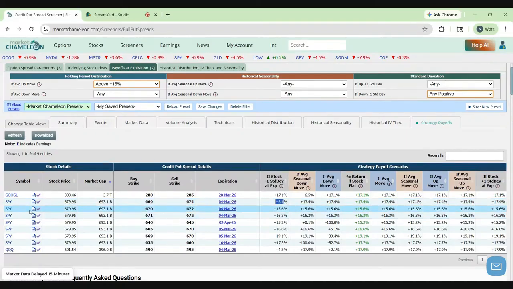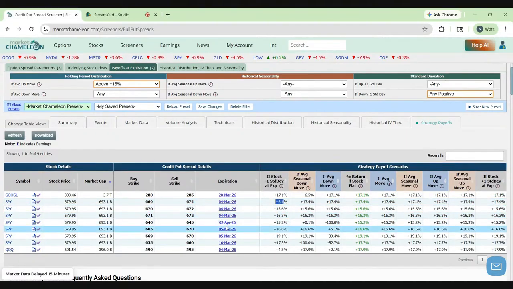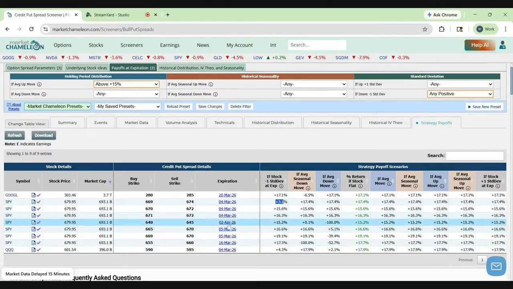If SPY, these are all today. This one's April 2nd. If we're down, for example, in SPY from 679, one standard deviation for this time period, this spread would still yield 15.2% return.